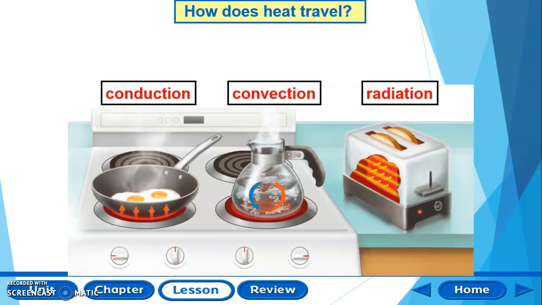Otherwise, heat from the sun could not warm Earth. So here we have that in radiation, electromagnetic rays, look at this drawing, carry energy from the hot wires to the toast. Okay, so copy the question and the drawings with the three ways that we talked about of how heat travels.